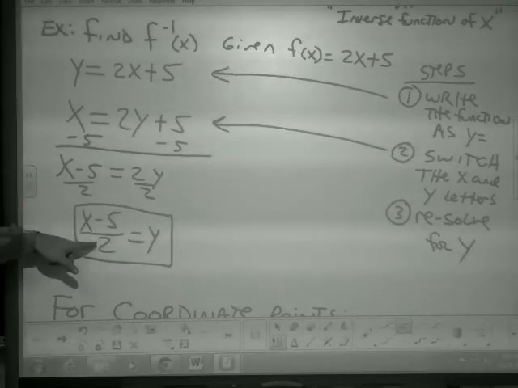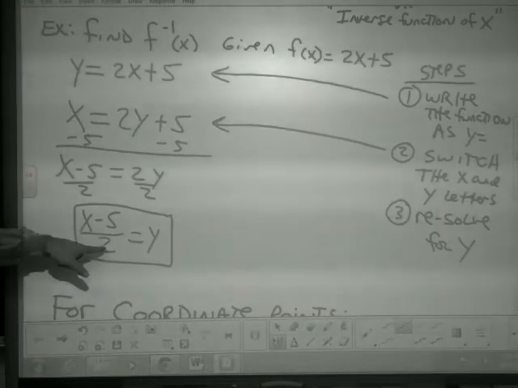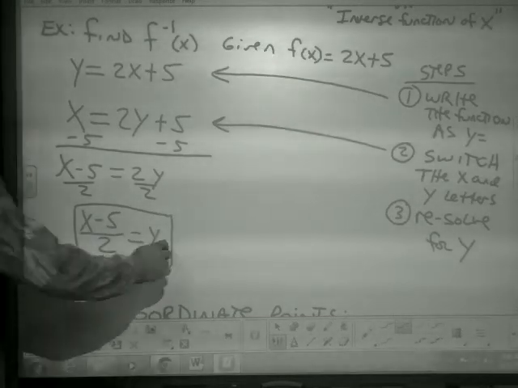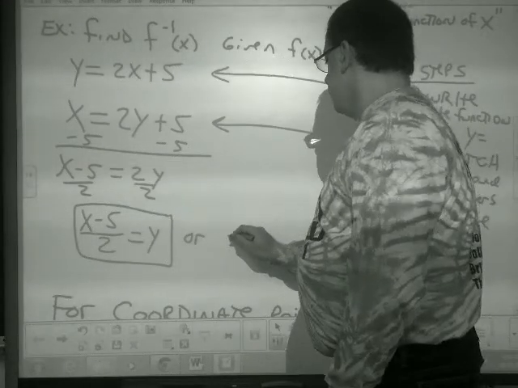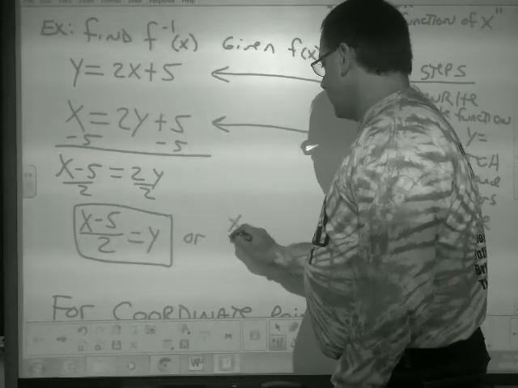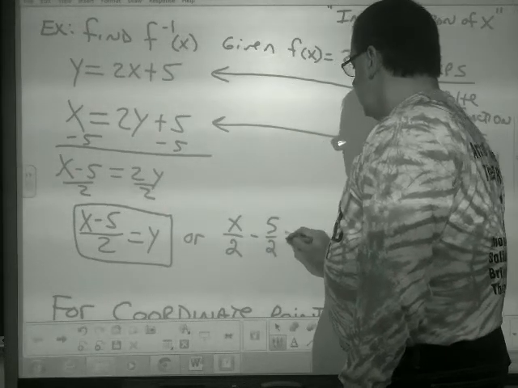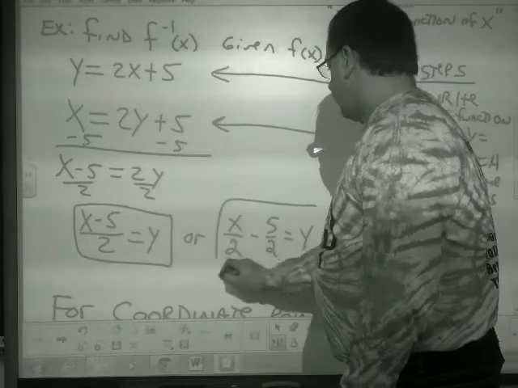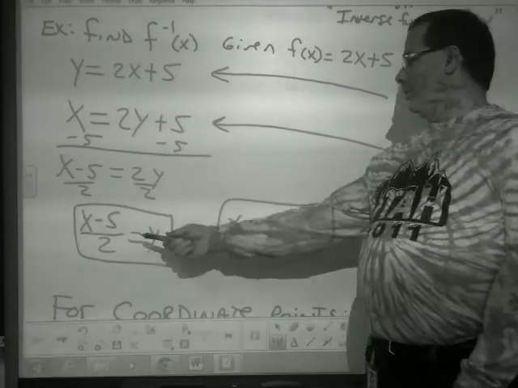Sometimes you'll see this in multiple choice written differently, because all of this is over 2, or you can write it as x over 2 minus 5 over 2 equals y. Either way, you can write it either way. If it's open-ended, you can leave it like that.